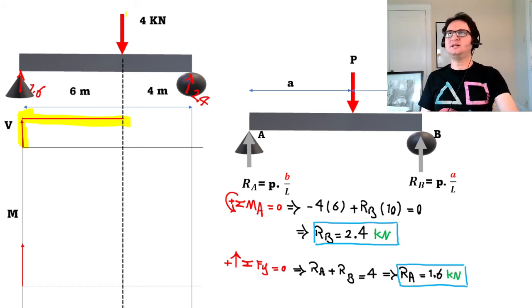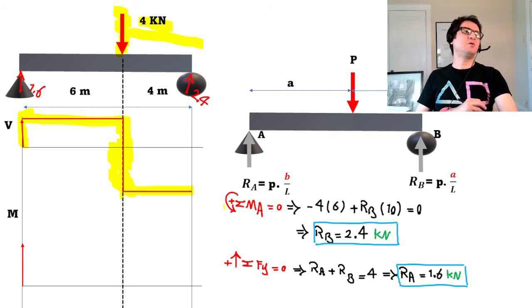And all of a sudden at C there is a 4 kilonewton downward step. So it takes us to a negative 2.4. That's 1.6 minus 4, a step down. If you move from the force to the end, there are no other forces, so it comes all the way to the right, and all of a sudden there is a support which takes us 2.4 up.